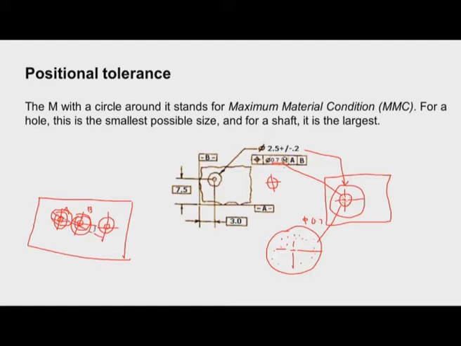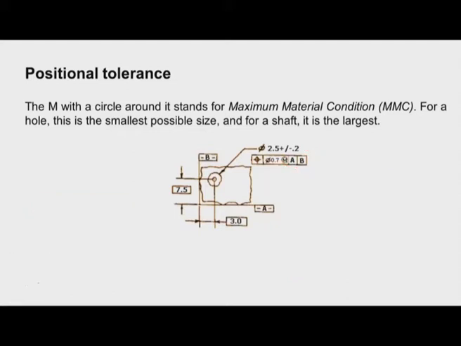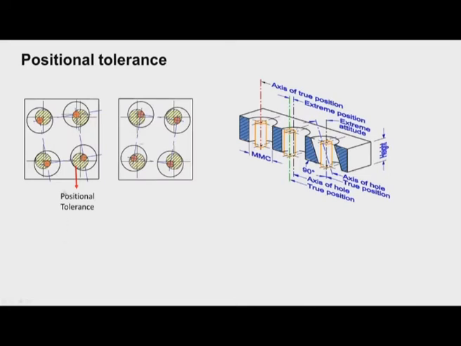There may be some angle between the desired location and the actual location. If this is within the allowed tolerance, then it can be accepted. That is what I have shown here, the patterns of holes.